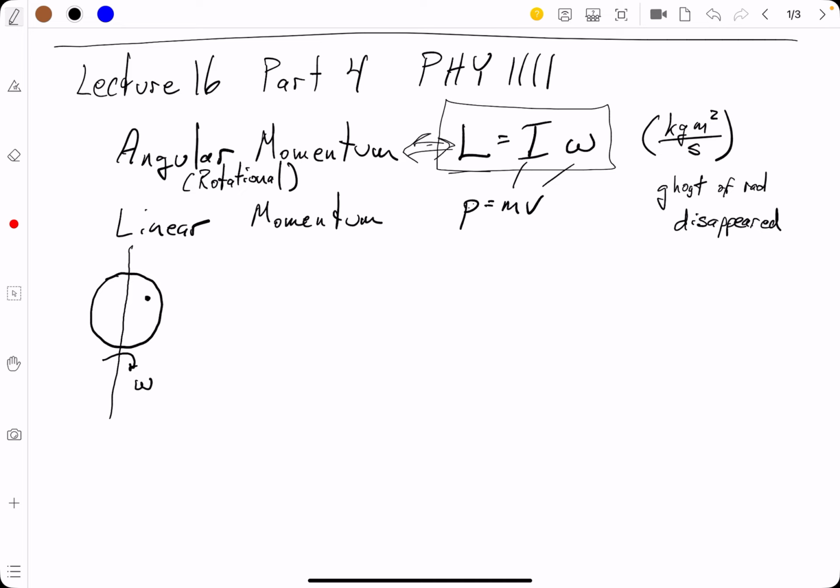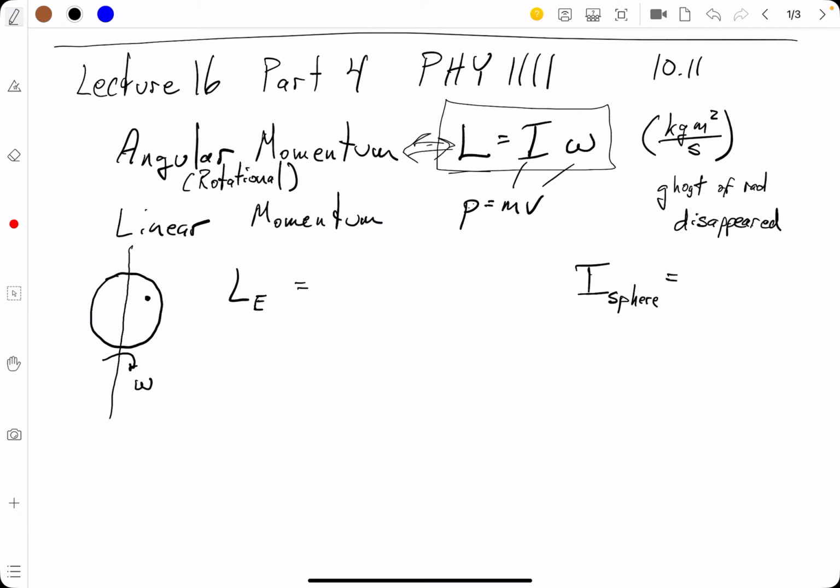What is our angular momentum for the Earth? So let's figure that out. First, we need to know what the moment of inertia is for a sphere. So we want the moment of inertia for a sphere. You go to that figure, 10.11, I believe it was.